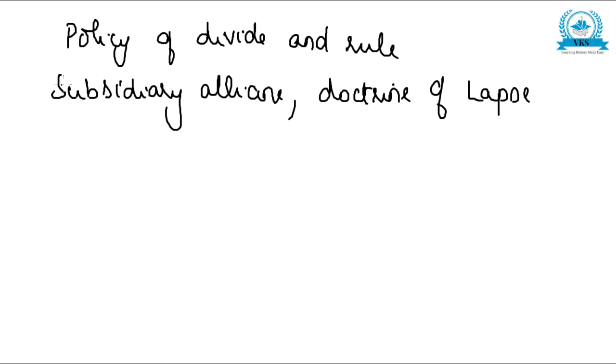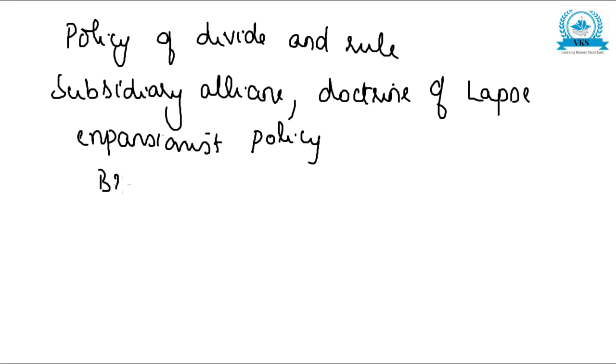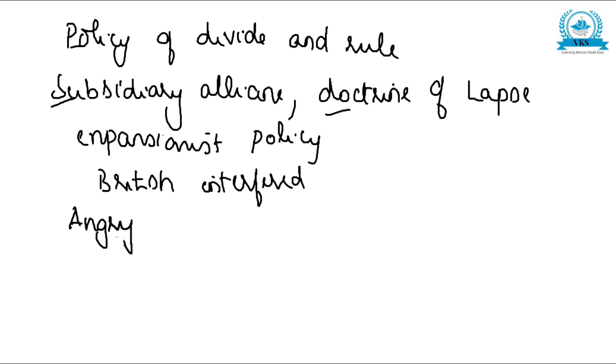So because of all these reasons, the expansionist policy followed by the East India Company, the British interfering in the internal matters of Indian states, the policy of divide and rule, and the policy of subsidiary alliance and doctrine of lapse, all these reasons made the kings, princes, courtiers and tenants angry towards the British.